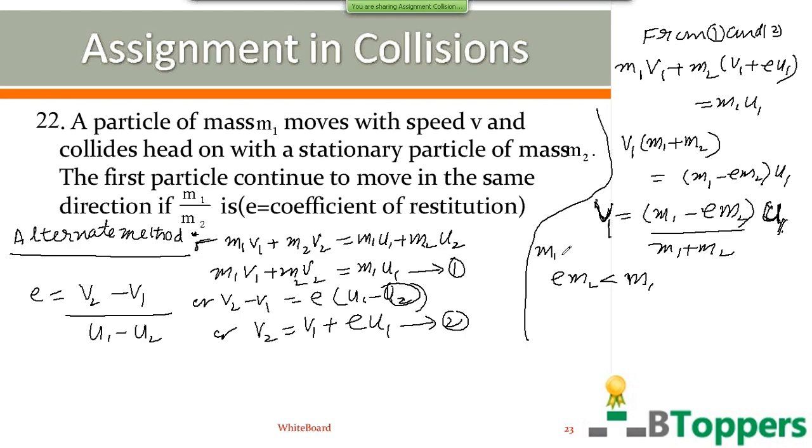So m1 moves in the same direction after collision with m2. That means m1 continues to move in its original direction after collision if e is less than m1 by m2. If you want to copy this calculation, you can take a pause and copy the calculation.